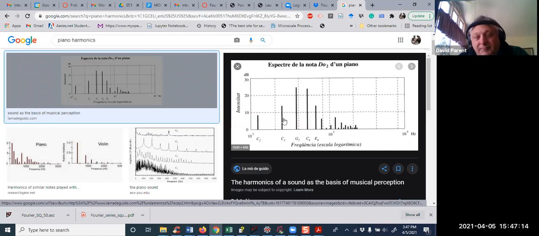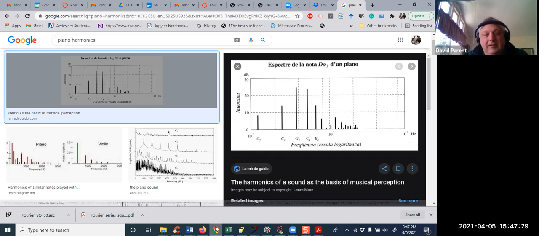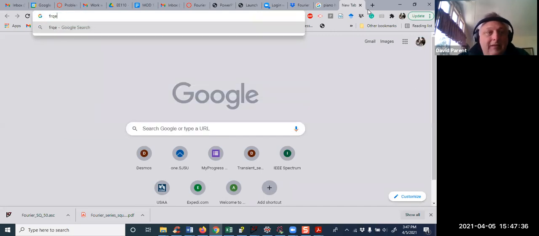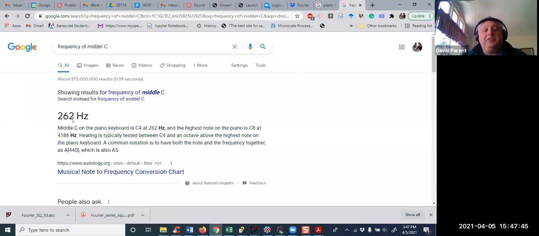So when you play one note, you're going to get these harmonics based on the first note. And so what I could do is say, well, I want to make a music synthesizer. I'm sorry, I have to look it up, but middle C on a piano is 262 hertz.